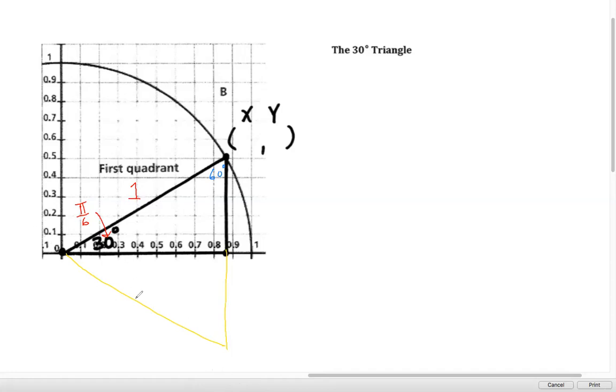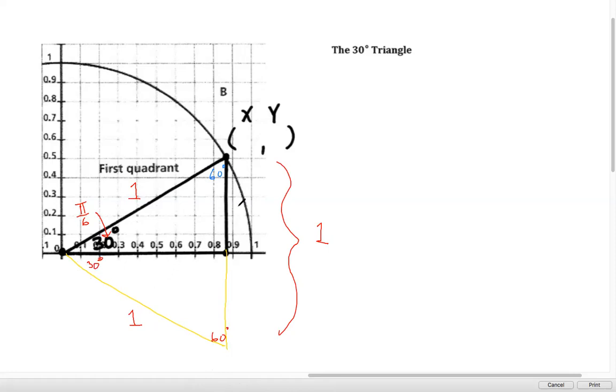This one would also be worth 1 unit because this is an equilateral triangle now. And then all of this would also be worth 1 unit. So if we take this 1 unit from the 60, 60, 60 equilateral triangle, that would be 60 degrees. This would be another 30 for a totality of 60.